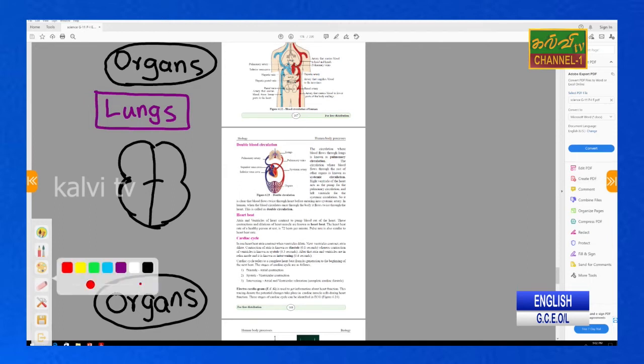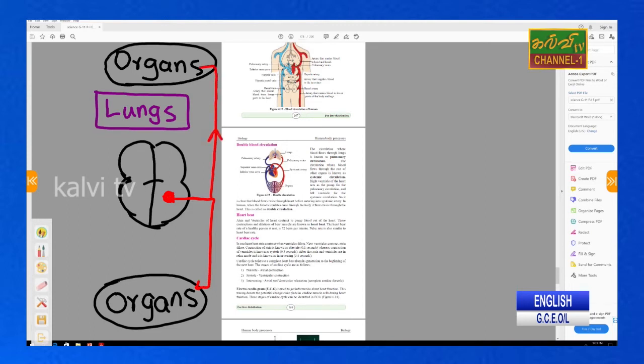Now the oxygenated blood from the artery, that means the artery originating from the left ventricle, then the oxygenated blood is supplied to the organs, upper part or lower part.